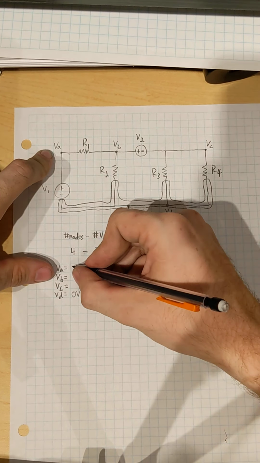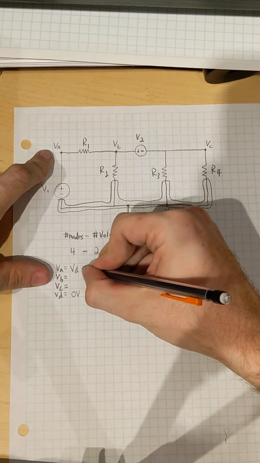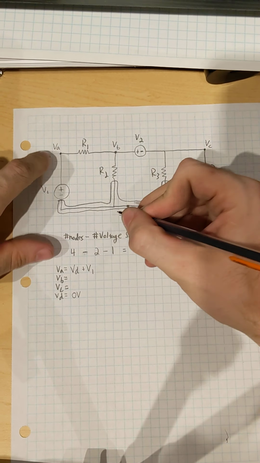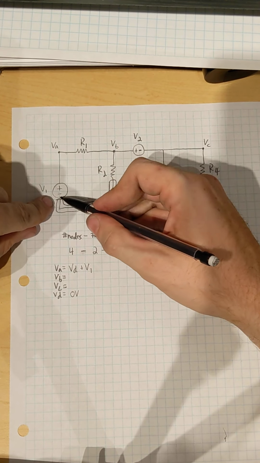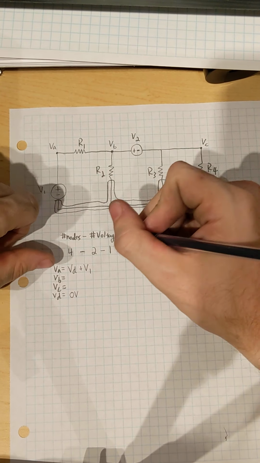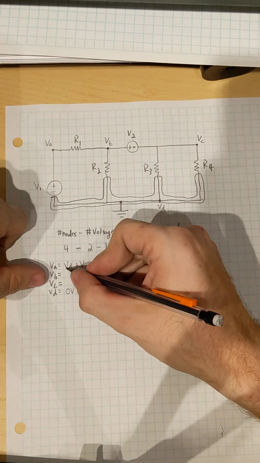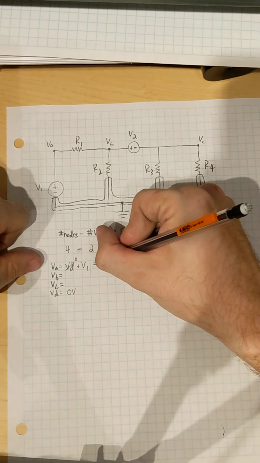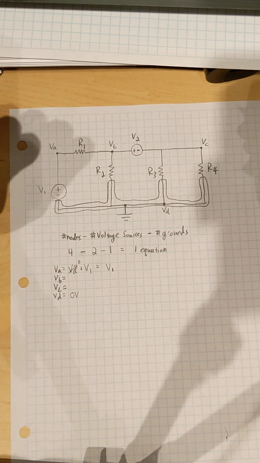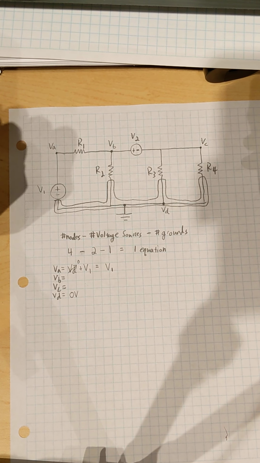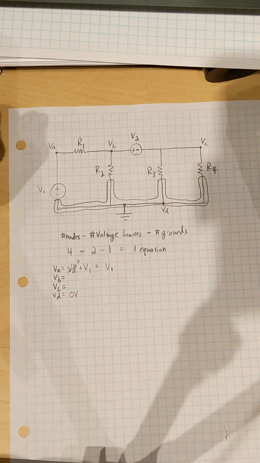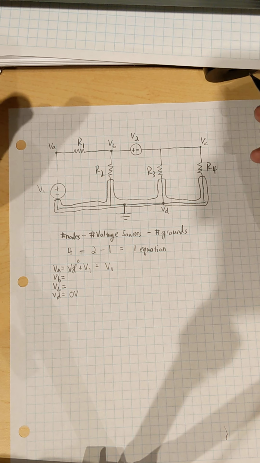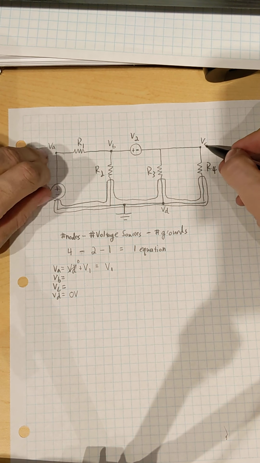So VA is equal to VD plus V1 because it's VD, and then we go up a voltage of V1, which VD we know is 0, so I'm just going to put that as 0. So VA is equal to V1. Then the next voltage source that I'll look at is V2. So at source V2, we can see that it's connected to VB and VC.